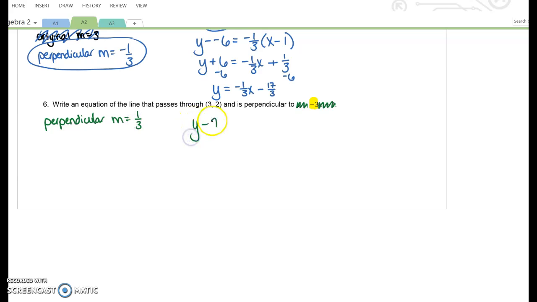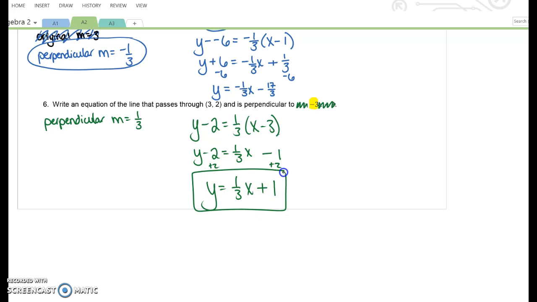So y minus 2 equals 1/3 times the quantity x minus 3. This time when we distribute that fraction, it makes something a little bit nicer, because 1/3 times -3 is -1. Add 2 to both sides. y equals 1/3 x plus 1.